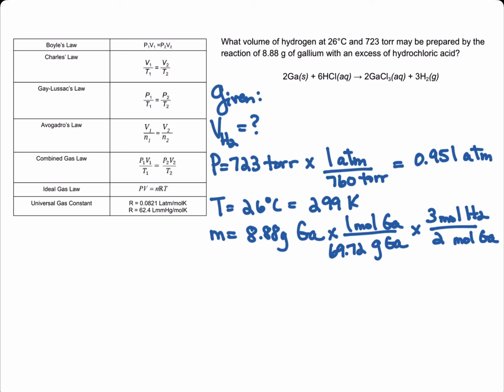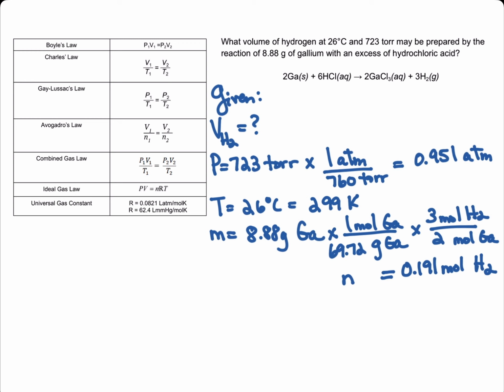So what happens is grams cancels out with grams, moles cancels out with moles, and I'm left with moles of H2. So this will give me 0.191 moles of H2, and we can call that n.